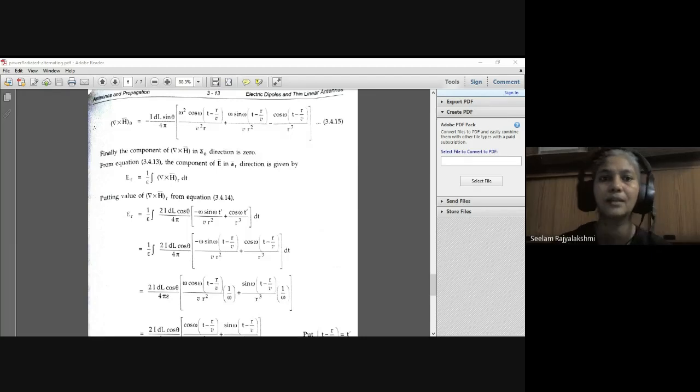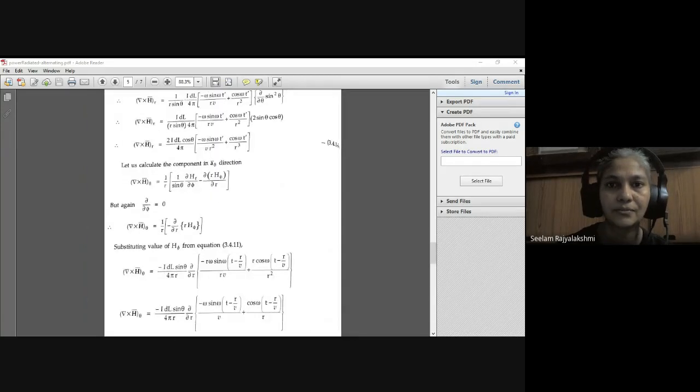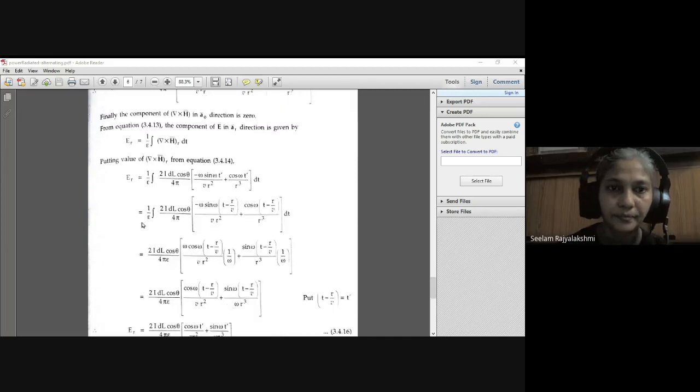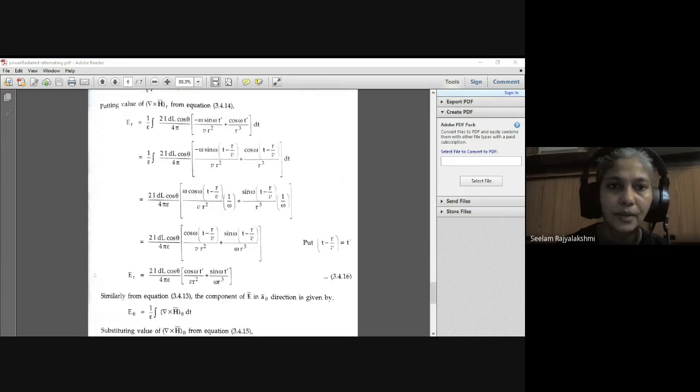By substituting del cross H in the r direction from equation number 14, we will obtain E r equals 1 by epsilon integration of 2 I dl cos theta by 4 pi, into minus omega sin omega (t minus r by nu) by nu r square plus cos omega (t minus r by nu) by r cube, into dt.